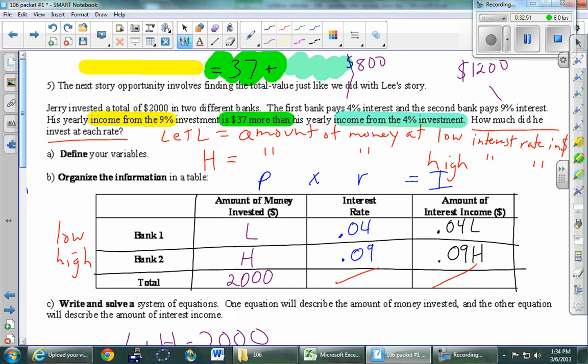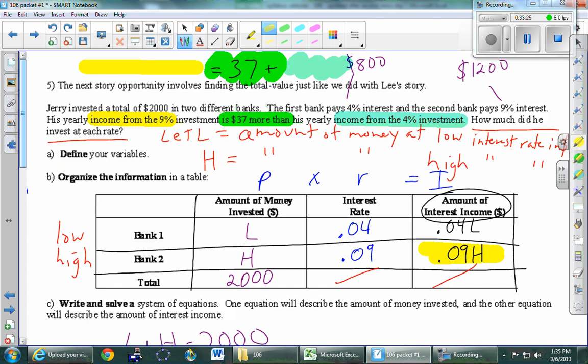The income from the 9%, that is to say the interest that we earn from 9%, I don't know how much it was, but I do know that's exactly what this column is calculating for me. This last column tells you how much interest you get from each investment. So the amount of income from the 9% investment, it's got a variable in it, but it's that. That expression right there is how much interest you earn from your 9% investment. That's the hardest part of this problem. That expression tells you how much interest you get from the 9%.